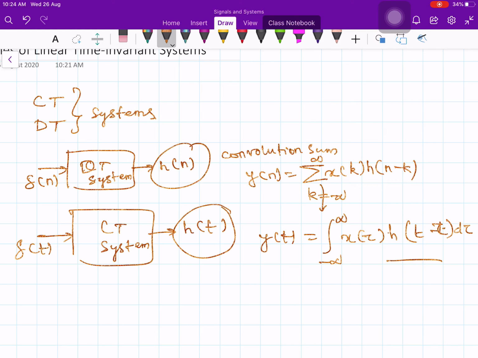It is important to emphasize that this property holds in general only for LTI systems, because the convolution integral and convolution sum formulas are derived based on the linearity and time invariance properties of the system.